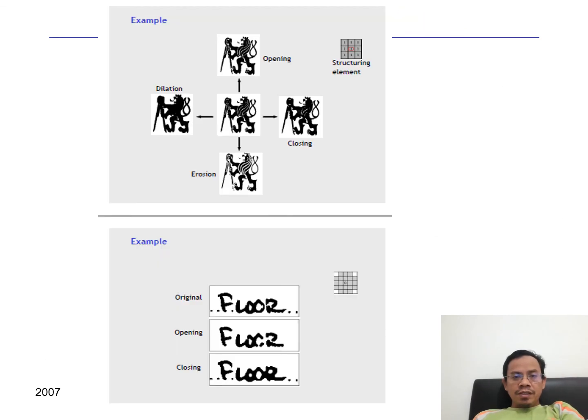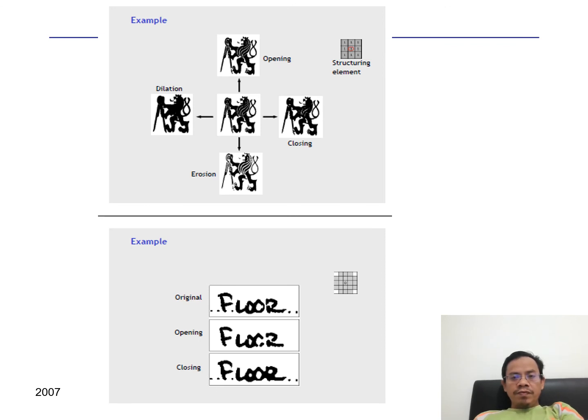Okay. So this is an example. We have the original image here. Perform dilation, expand the image. Closing. Erosion, we shrink the image.